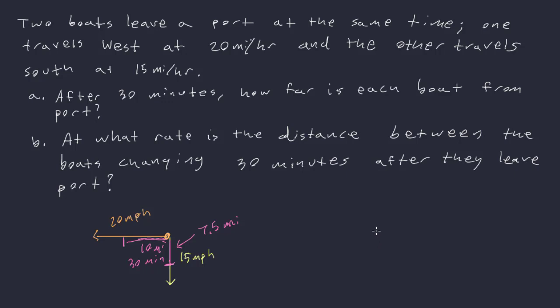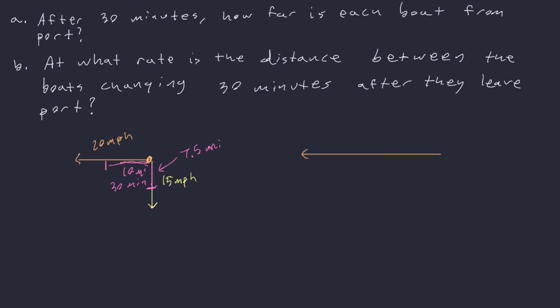Well, here's where the related rates part comes in. So I'm going to draw a bigger triangle here. Our first boat is traveling at 20 miles per hour. And this in orange is its distance from port.